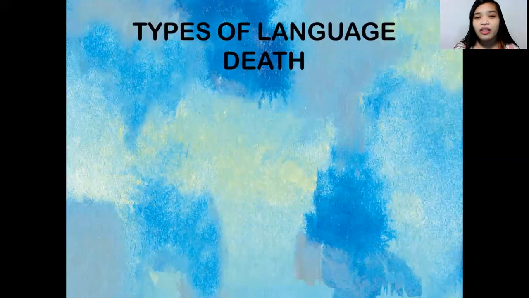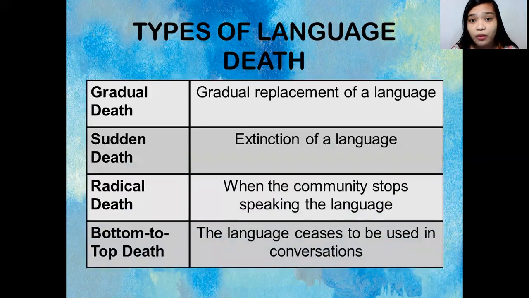Types of language death. What are the types of language death? There are four types: the gradual, sudden, radical, and bottom to top death. Gradual replacement of a language involves the replacement of one language by another.